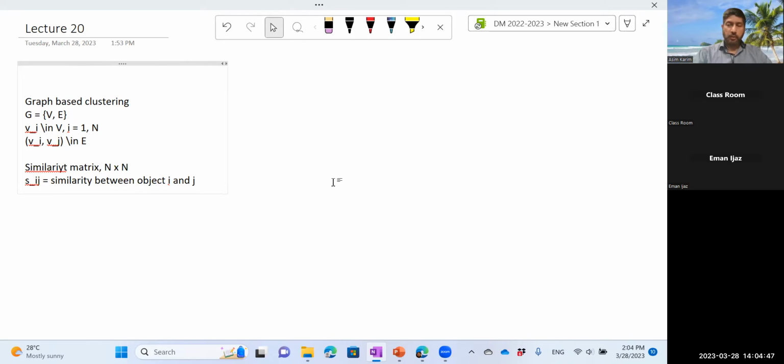So this matrix, if your similarity function is a metric or if it satisfies the symmetry property, would be symmetric, meaning that it would have similar values across the main diagonal. So this similarity matrix can be thought of as an adjacency matrix. So S basically is essentially A, where A is the adjacency matrix for the graph G.